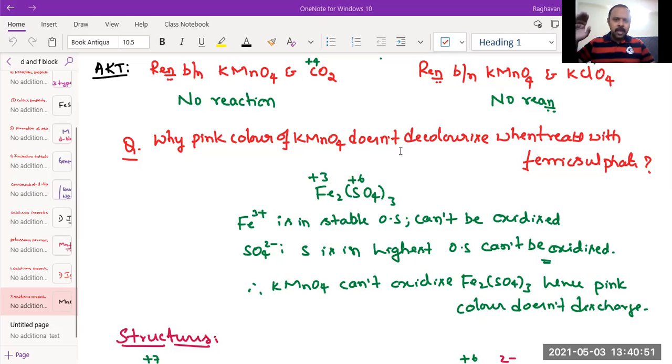Transuranic elements means they are all synthetically prepared radioactive elements, followed by the uranium of actinides. Okay, so because they are radioactive, and also there are rare earths, they are found very less in the earth crust. For all these reasons, the properties are less explored.